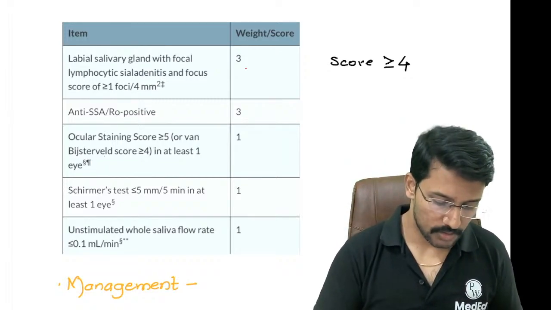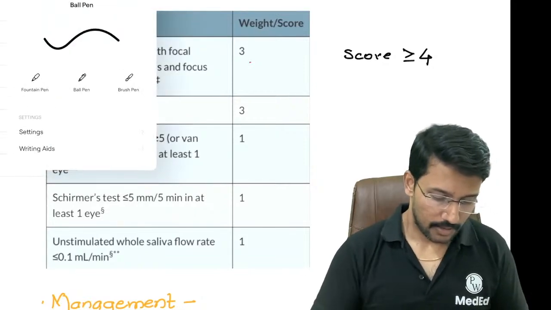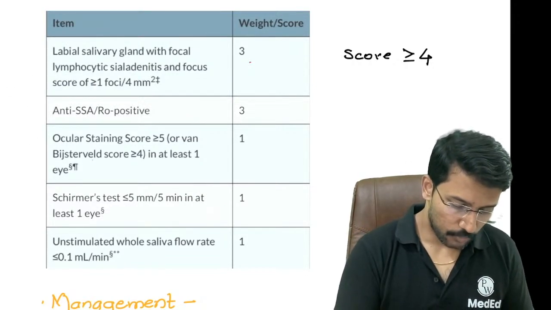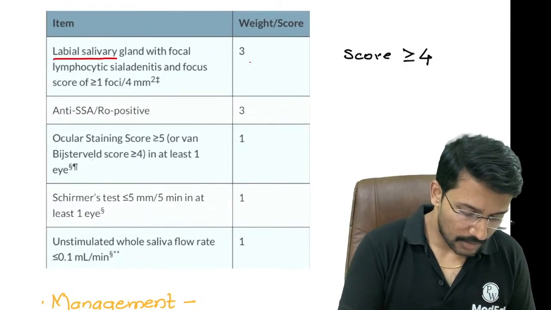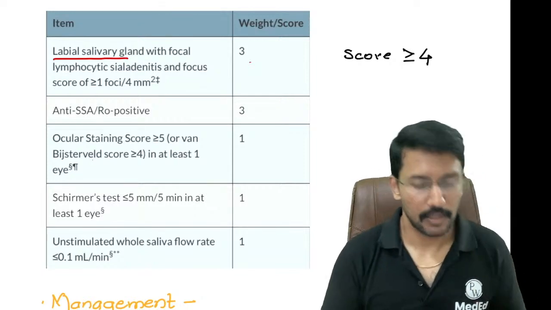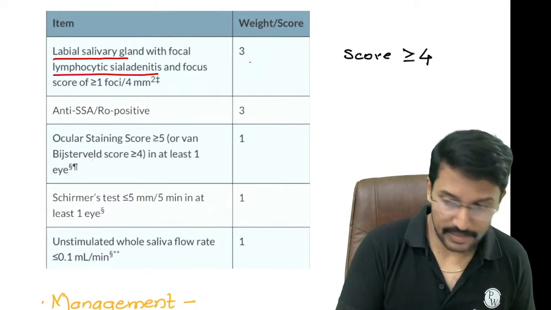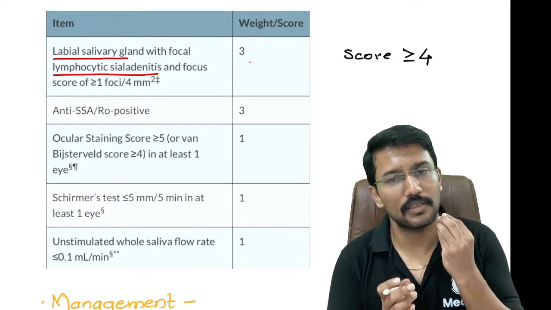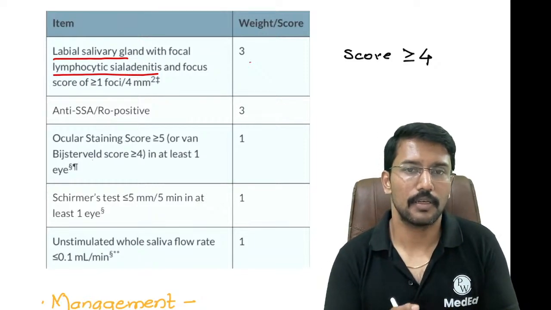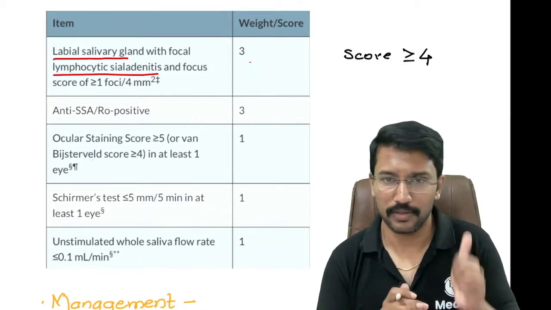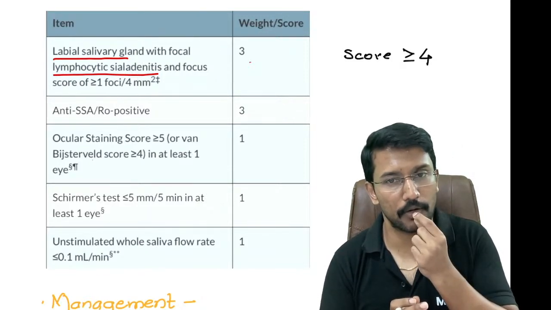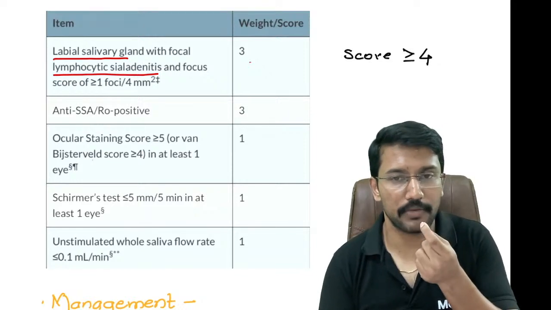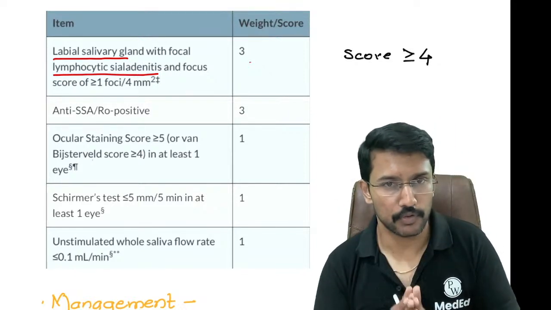Now, what goes into this table? The site of biopsy is labial, as I have already mentioned. Labial salivary gland with lymphocytic sialadenitis. Sialadenitis means salivary gland inflammation by lymphocytes. Okay, that's the first point. So, labial biopsy showing labial salivary glands infiltrated by lymphocytes.